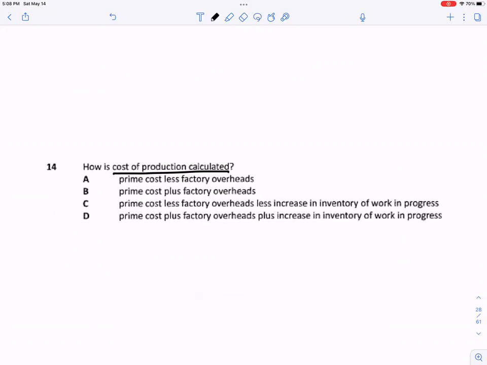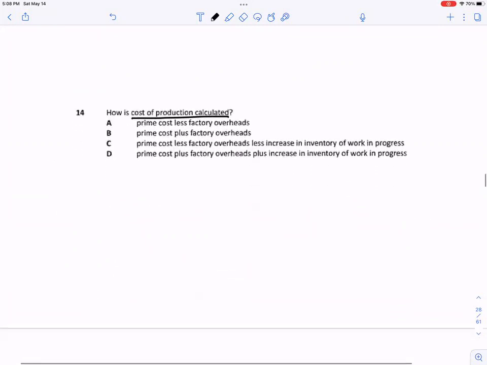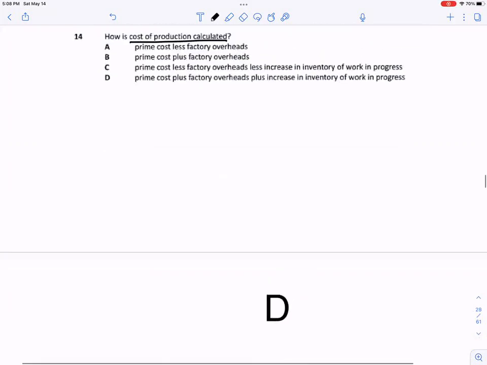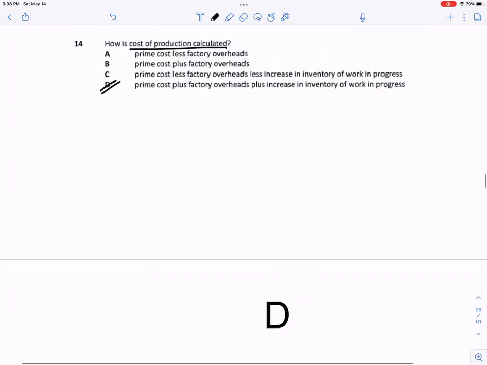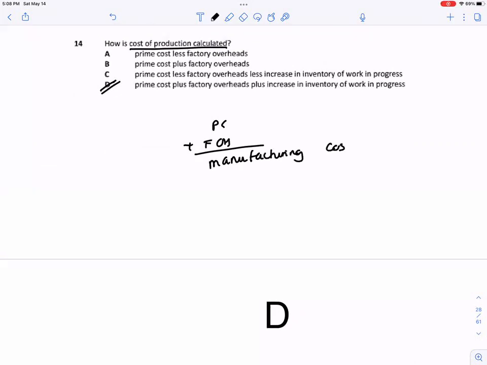It is D. Prime cost plus factory overheads plus increase in inventory of work in progress. Prime cost plus factory overheads gives you manufacturing cost. Manufacturing cost plus opening work in progress minus closing gives you the answer.